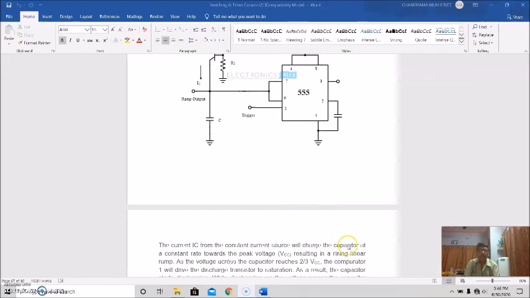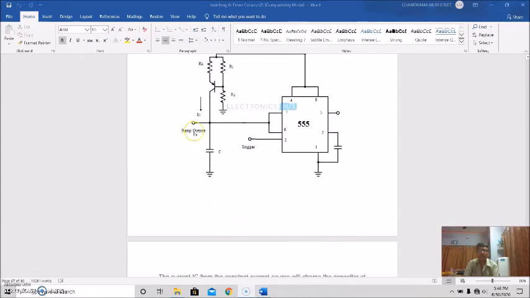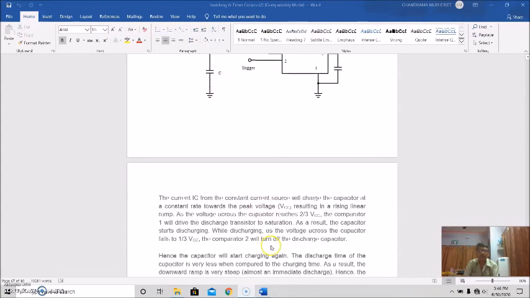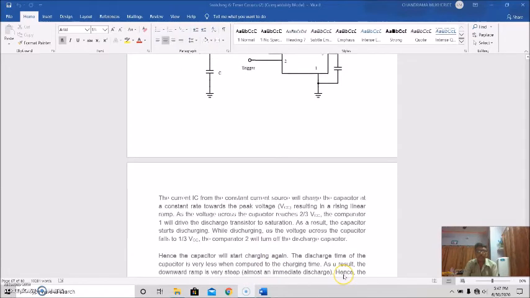ramp. As the voltage across the capacitor reaches 2/3 of VCC, comparator 1 will drive the discharge transistor to saturation. As a result, the capacitor starts discharging, and while discharging, as the voltage across the capacitor falls to 1/3 of VCC, comparator 2 will turn off the discharge transistor.